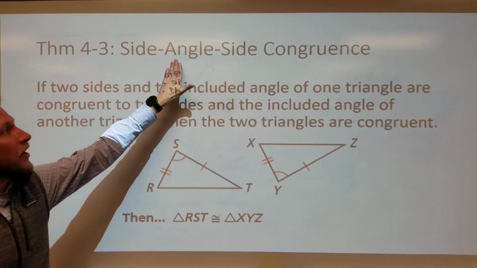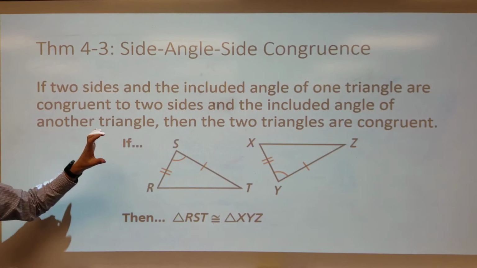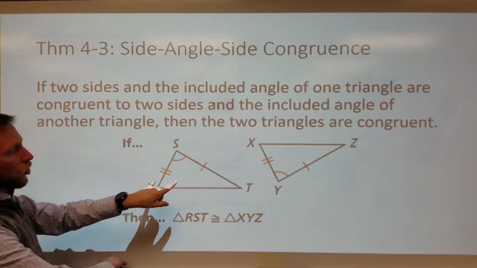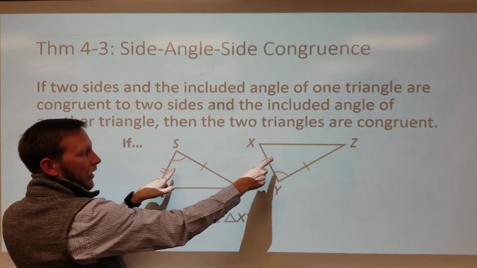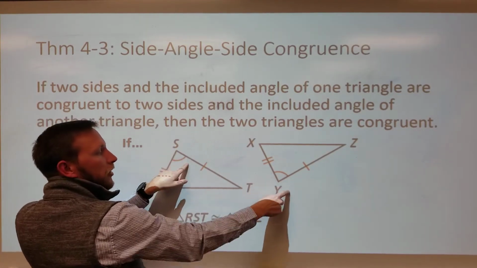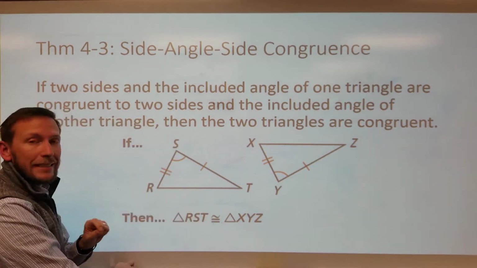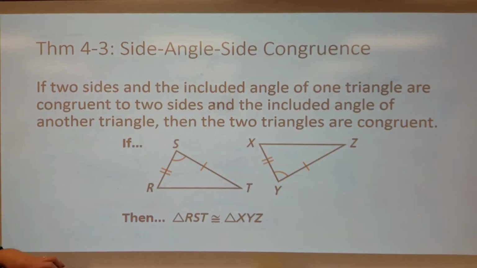The side angle side congruence shortcut, that's what SAS stands for, basically says if we have two pairs of sides between these two triangles, along with the angle that's included between them, all congruent to each other, then we can say definitively that these triangles are congruent.